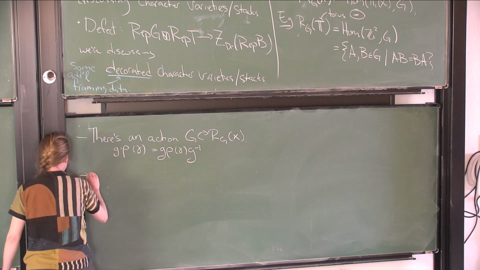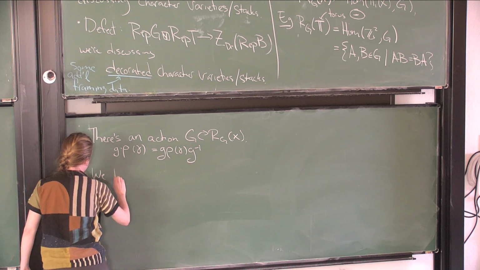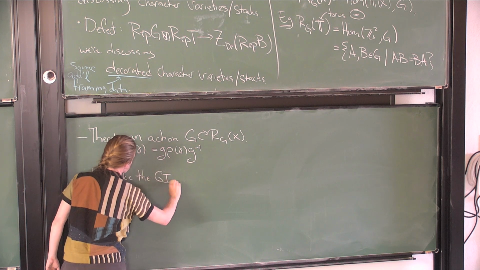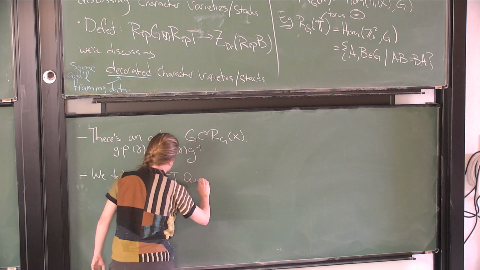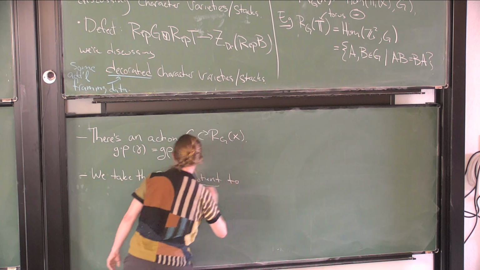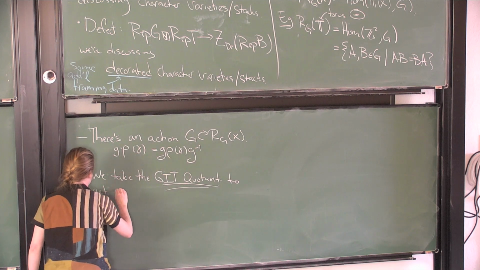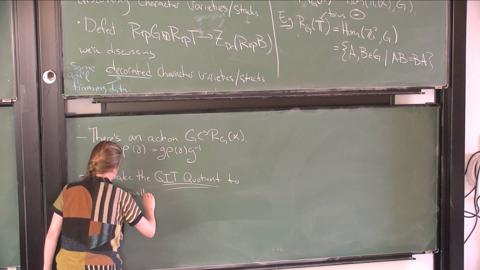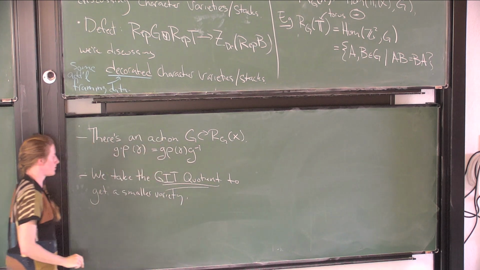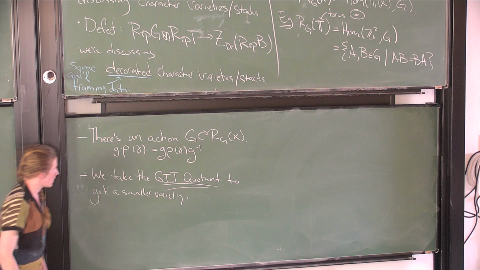What we'll do is we can take the GIT quotient to get a smaller variety. Okay.